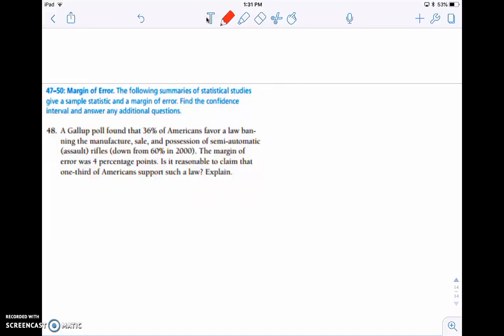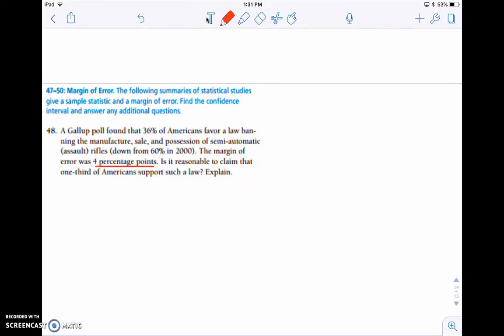So a Gallup poll found that 36% of Americans favor a law banning the manufacture, sale, and possession of semi-automatic or assault rifles. The margin of error was 4 percentage points. Is it reasonable to claim 1/3 of Americans support such a law?